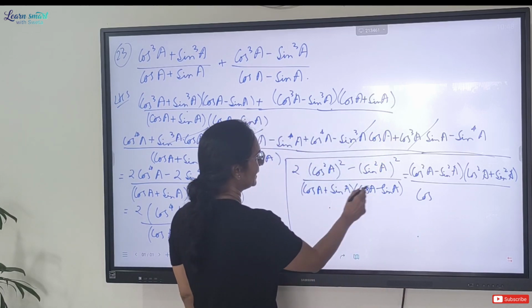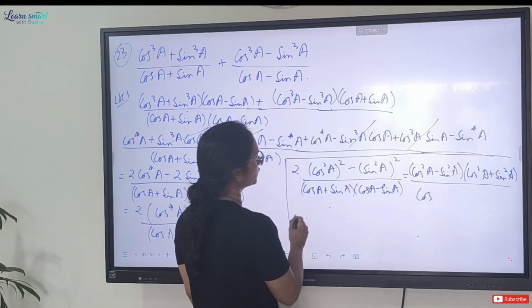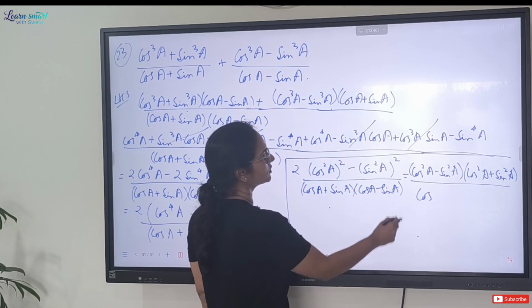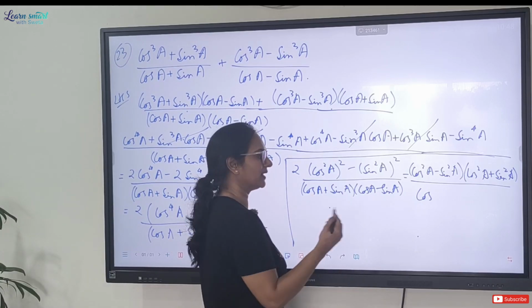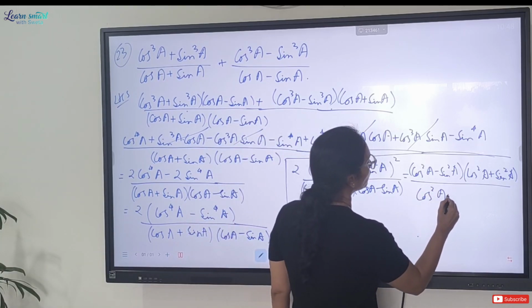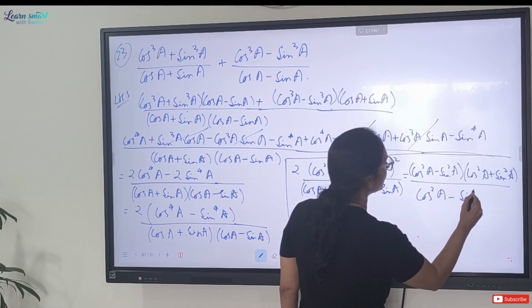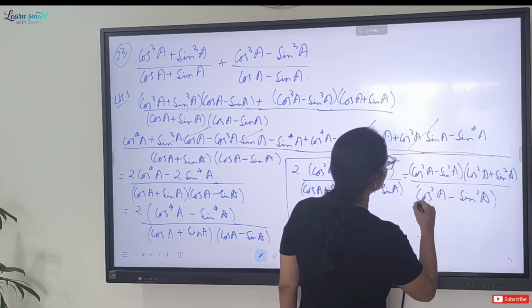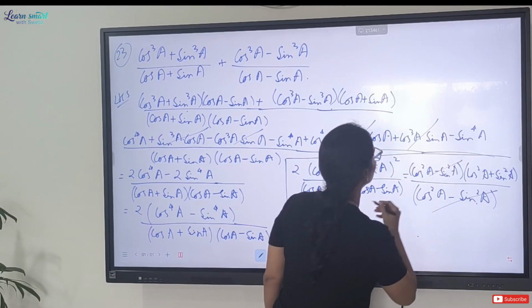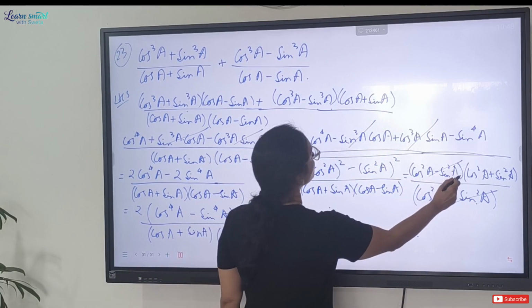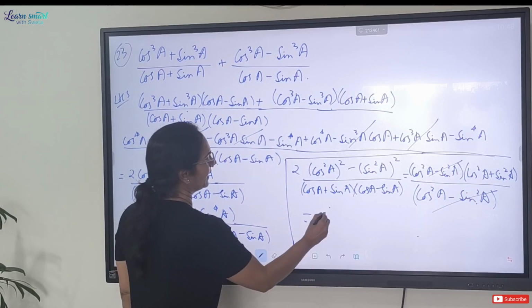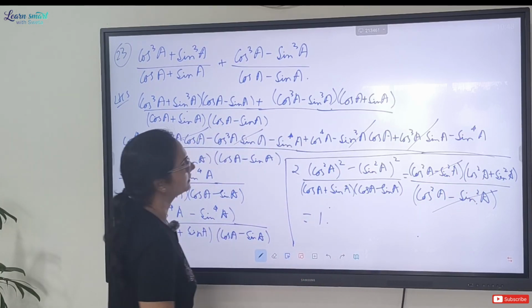And this we can write as cos square A minus sin square A, because cos A plus sin A into cos A minus sin A is cos square A minus sin square A. So this will cancel. What we are left with is cos square A plus sin square A, which is equal to 1.